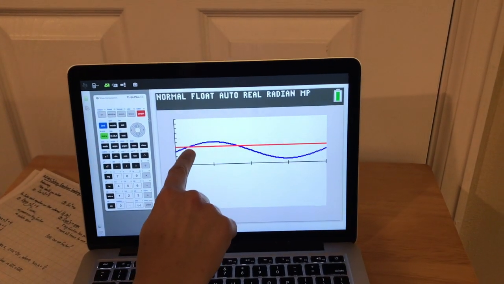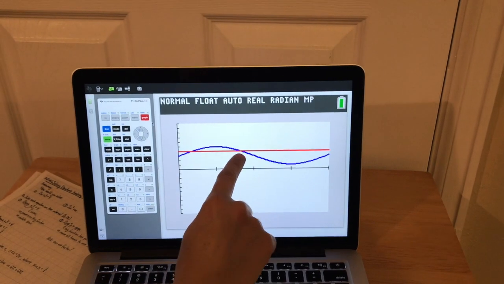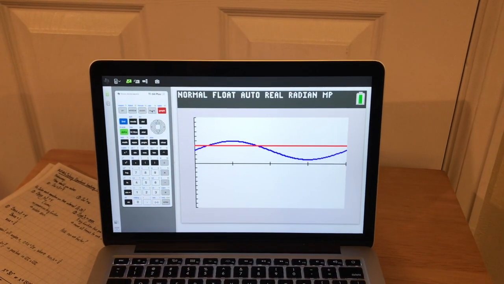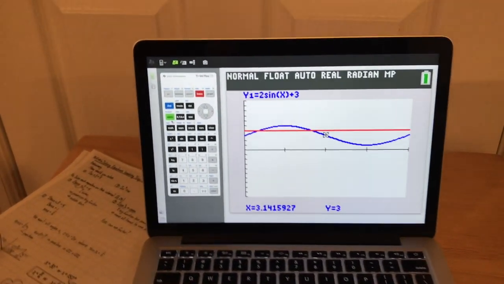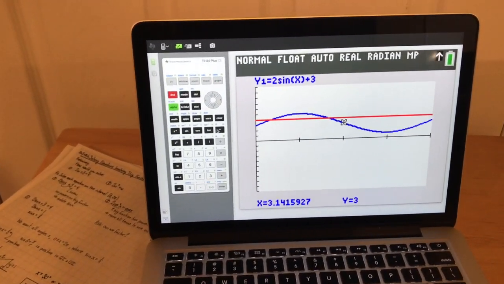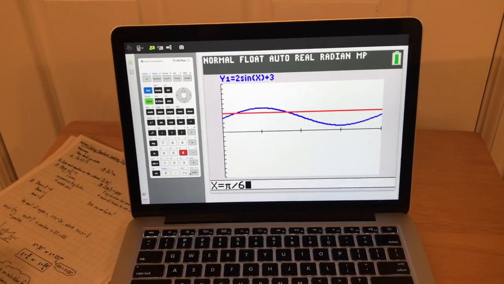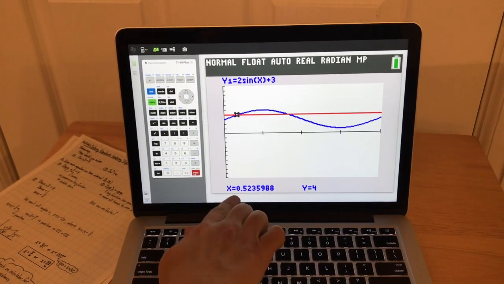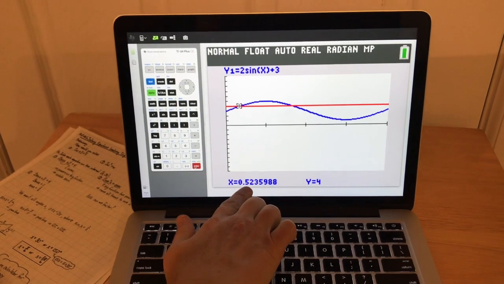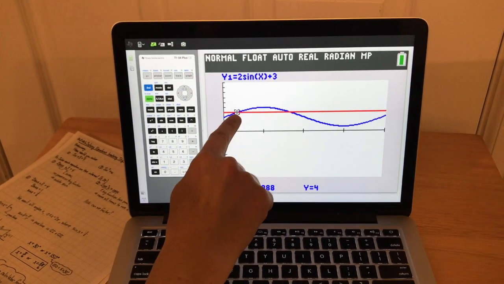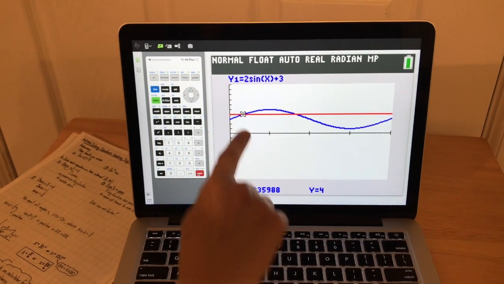And what I notice here is that those two graphs are equal at 2 points. And I can kind of double check that. So if I hit trace and I type in pi over 6, which is one of our answers, and I hit enter, when x equals pi over 6, that's the decimal approximation of pi over 6, our y value is 4, and that's one of the intersection points.